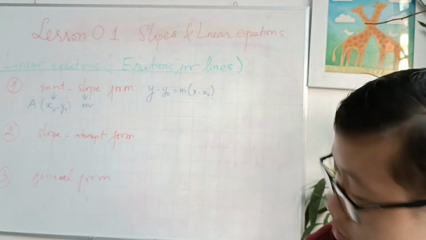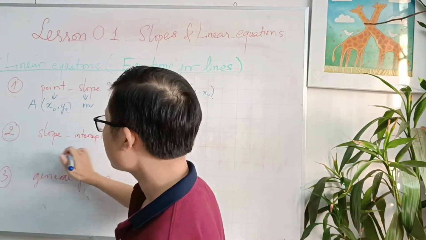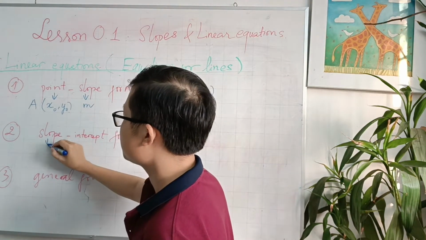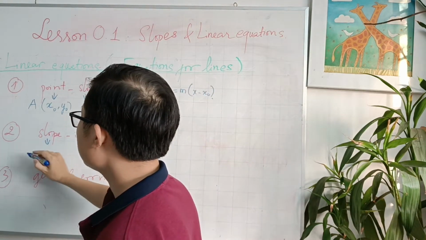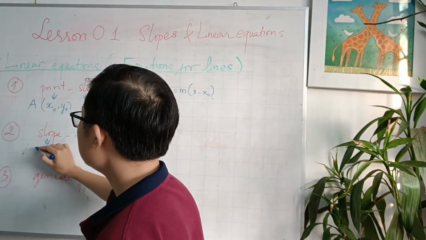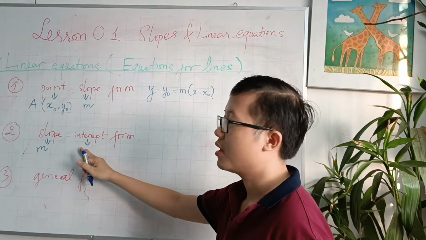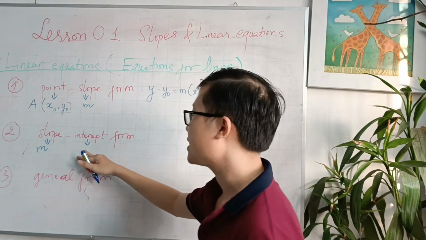We go to the second form, slope-intercept. We have two pieces of information here: slope m and intercept. The intercept is the intercept with the x-axis.